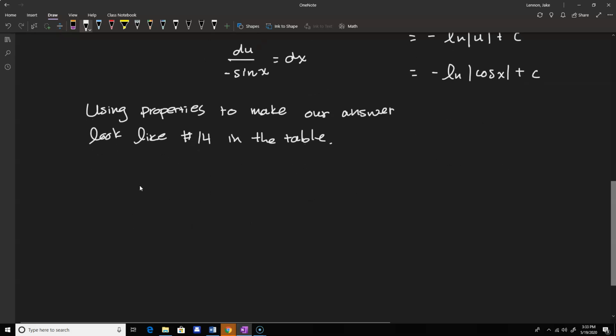Again, this isn't strictly necessary, but a lot of times you'll see an answer written and you'll say, well, how did they get that?